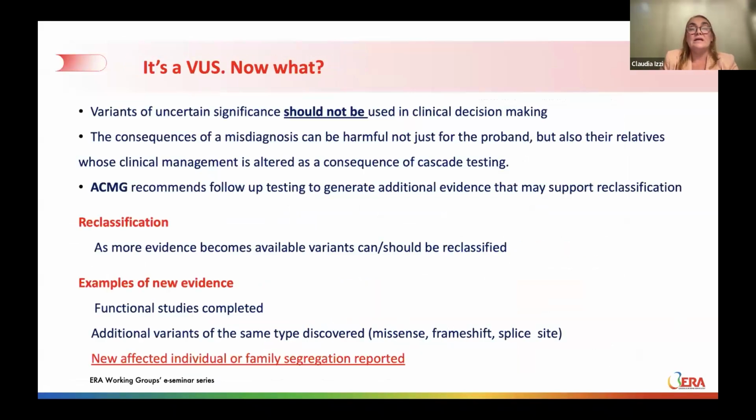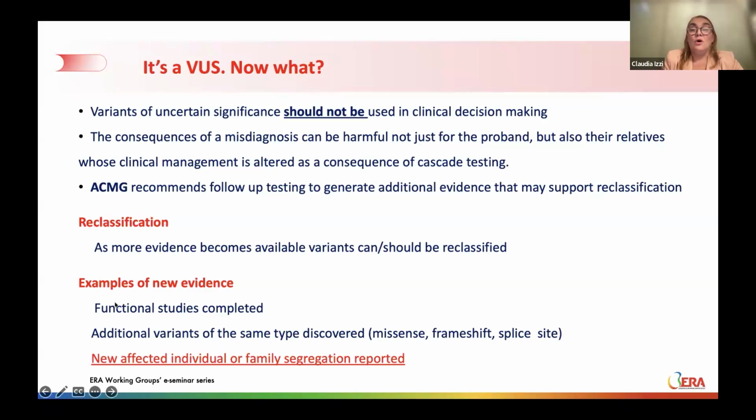So if it's a VUS, a variant of uncertain significance, what should we do? It's important to remember that it should not be used in clinical decision making, and ACMG recommends follow-up testing to have additional evidence, and maybe we can reclassify the variant, and maybe it will become a likely pathogenic or a likely benign variant.